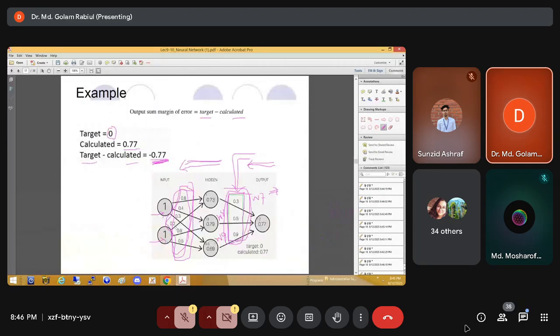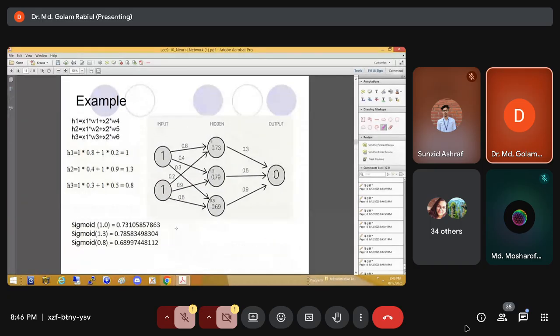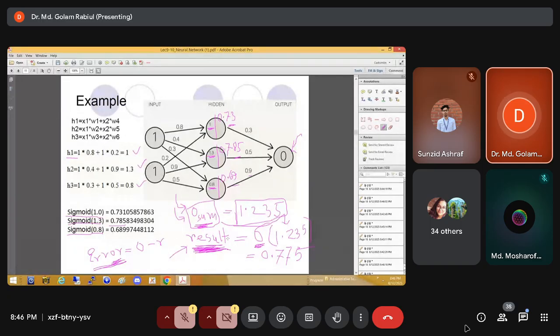What does it mean? You can see that we have already calculated the sigmoid of 1.235. It is 0.775.